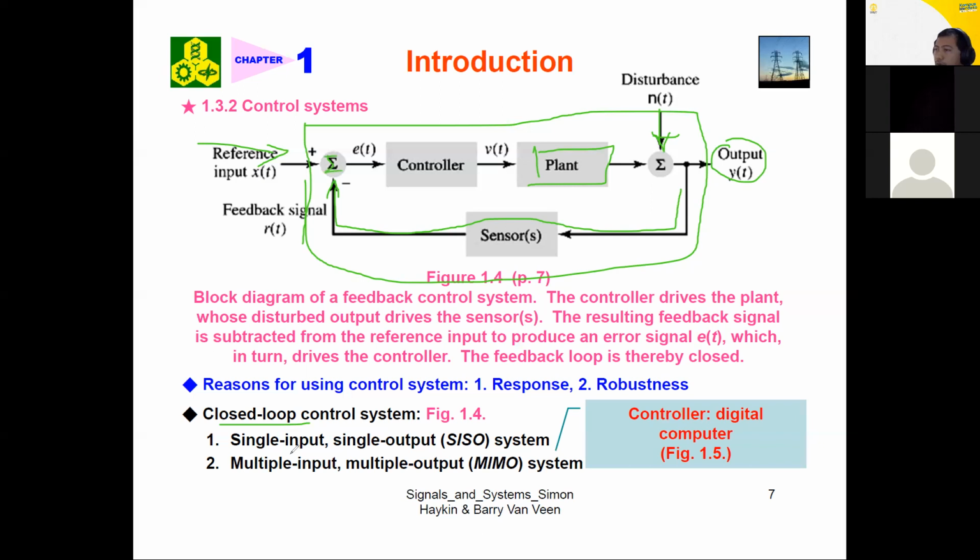As I mentioned before, this closed loop can be categorized into SISO, single input, single output, or MIMO, multiple input and multiple output, and the variations of both, like SIMO or MISO, something like that. So it's kind of a combination between one and two.